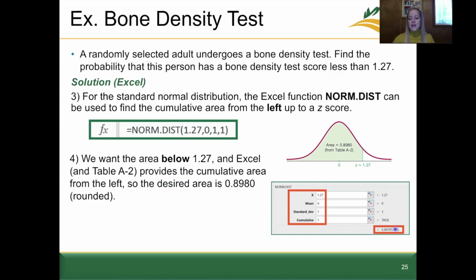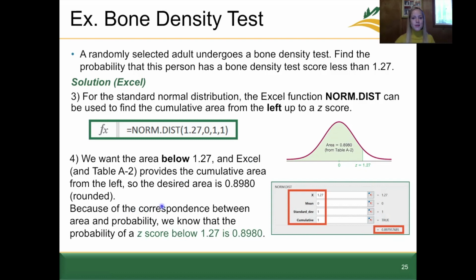We get this value here, and it was just rounded off. So now we know this area under the curve less than 1.27 is equal to 0.8980. Because of the connection between area and probability, we can say that the probability of a z-score below 1.27 is 0.8980.